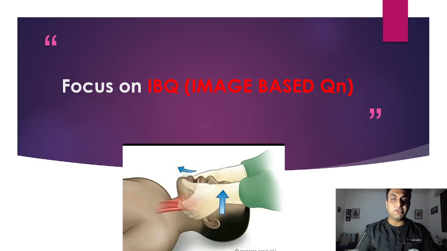Now, a very important point to all of you is that you should have to focus on the image based question. Like example I have given below, that what is this maneuver, is it the jaw thrust maneuver, or is it the Heimlich's maneuver, etc., etc. You should know which maneuver looks like what also. Not just remembering the name is enough, you should also be remembering the image.